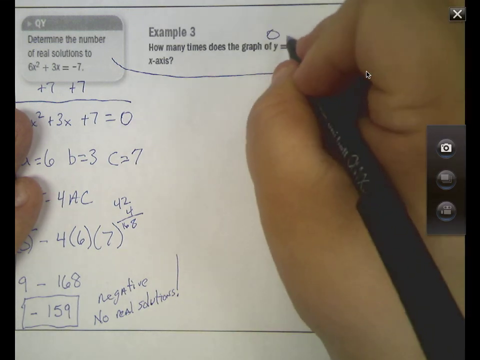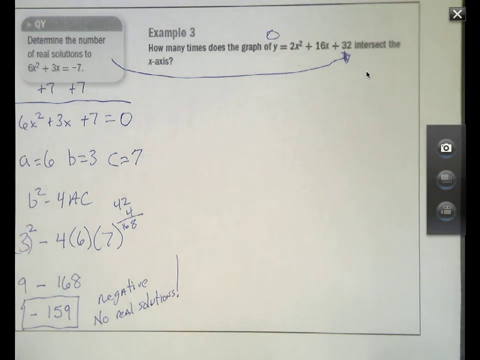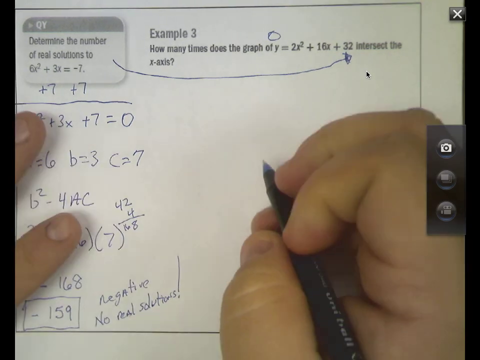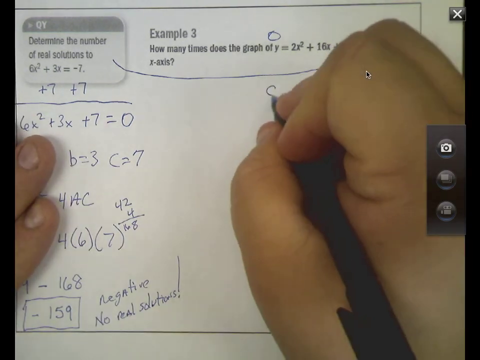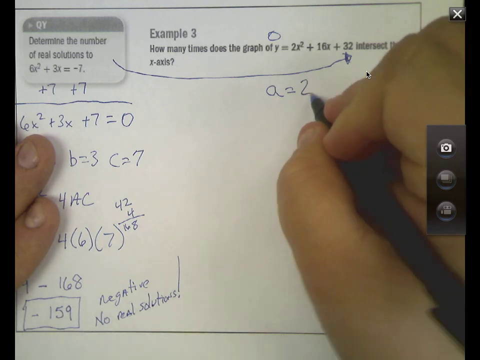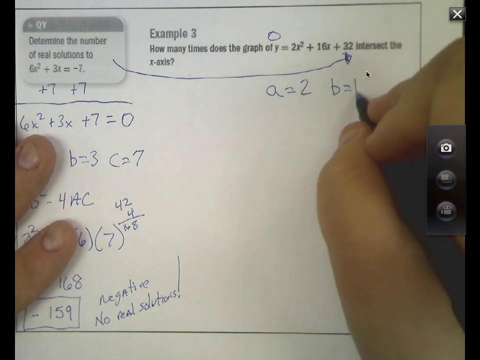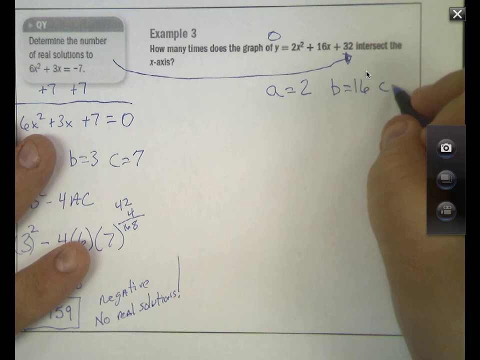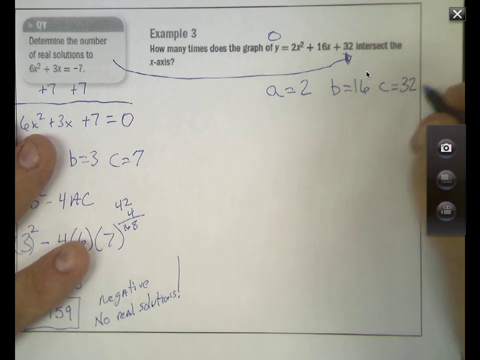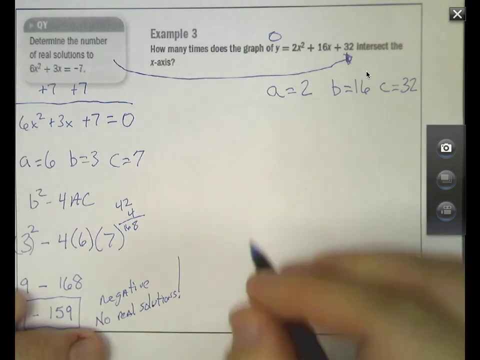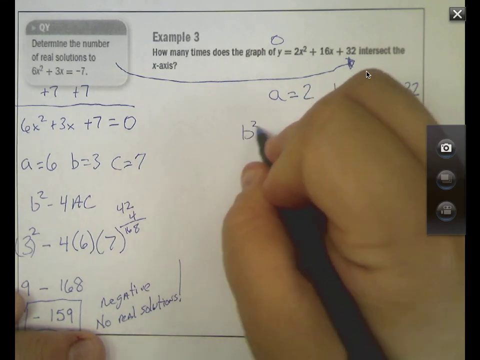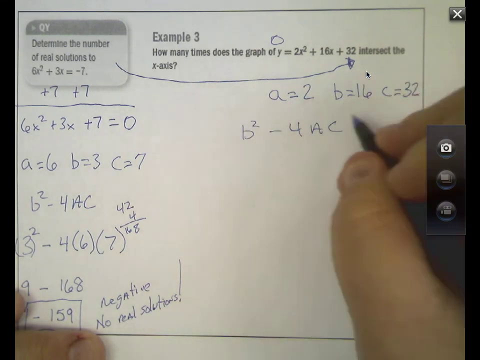Those two questions are the same thing. So we just got to make sure this is equal to 0. Well, everything is off to the right, so I just say 0 equals. Okay? And I'm able to find everything. So, what's my A in this case? My A is 2. My B in this case is 16. My C in this case is 32.